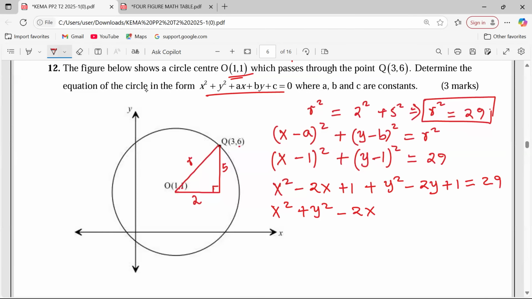At this point we shall have 1 and 1, 1 plus 1 minus 29. We get negative 27, so that we have a 0 on that side.